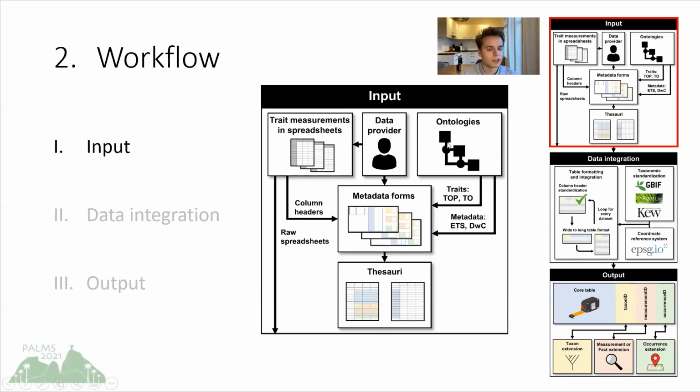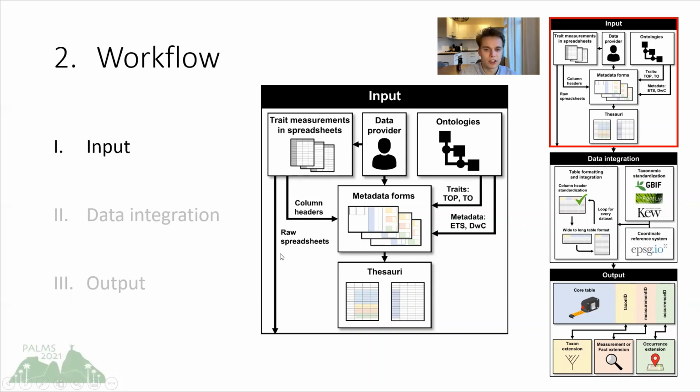These column headers are then automatically linked to ontologies, different ones for traits and for other metadata. This collection of metadata forms is then integrated into 2 different thesauri, namely the metadata thesaurus and the units thesaurus for the measurement units.